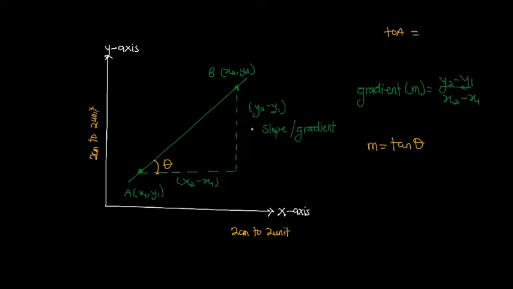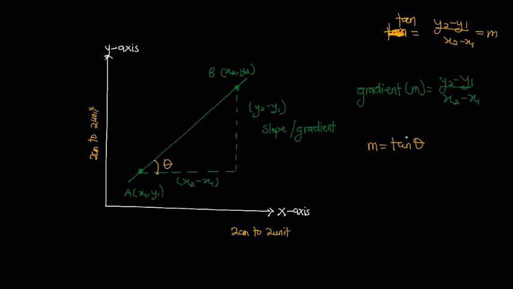And if you look at this angle, the opposite is y2 minus y1 and the adjacent is x2 minus x1. So tan theta is equal to this, which is also equal to the gradient. So if we want to find a gradient, m is equal to tan theta.